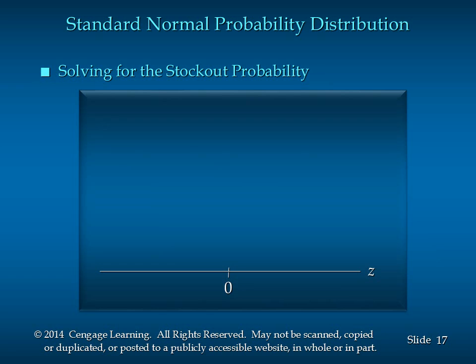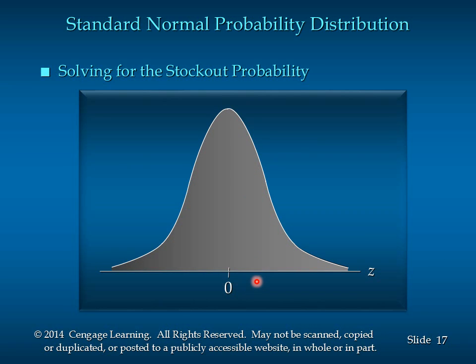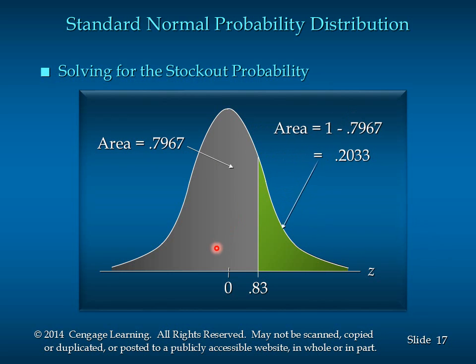Here's what we drew before, 20%. This was the value of z, 0.83, and we looked it up on the table. 0.7987, but it's everything not under this curve, this part of the curve that's important for this problem.